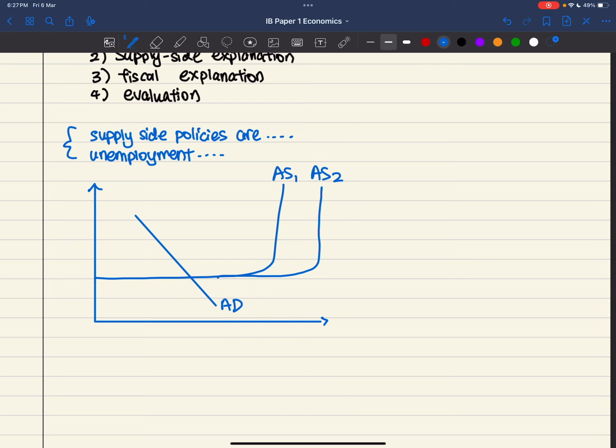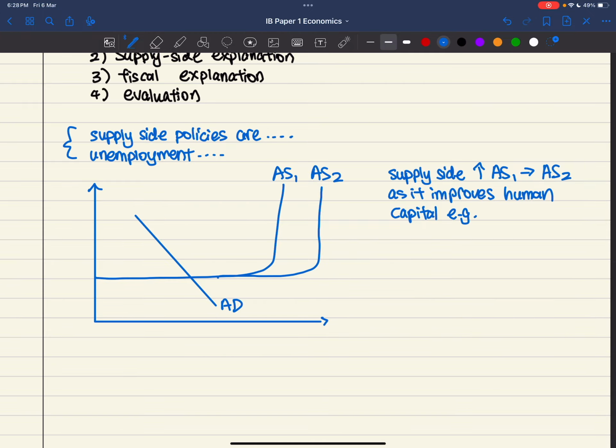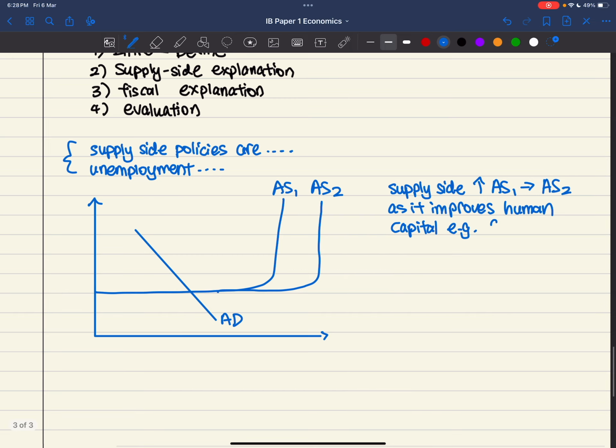So supply side policies increase AS1 to AS2 as it improves, for example, human capital, e.g. through your real example, which is SkillsFuture, which is education free of charge.